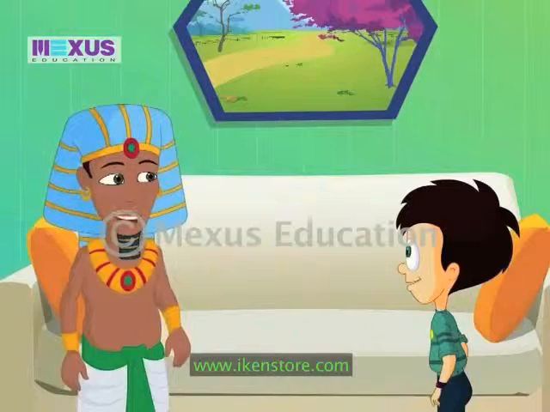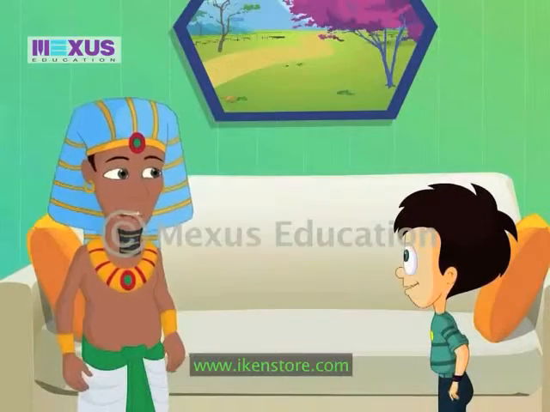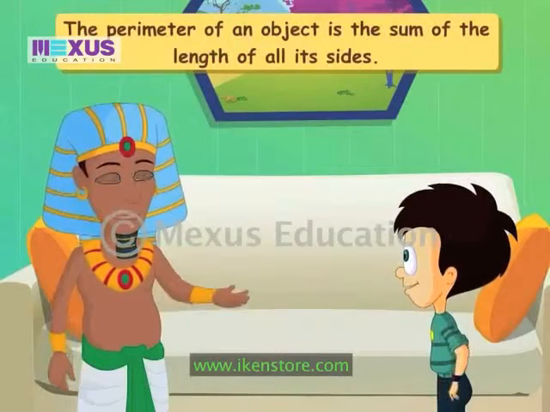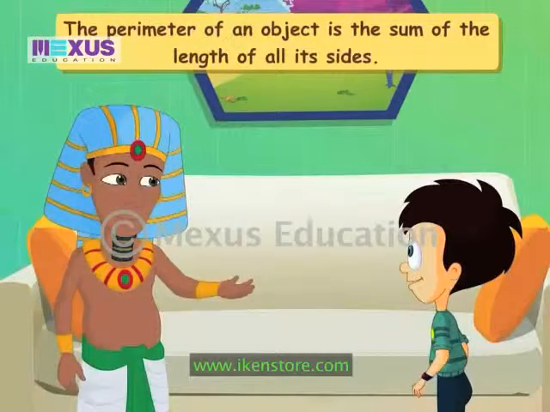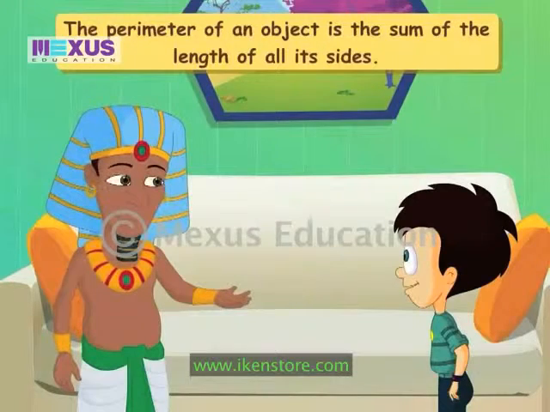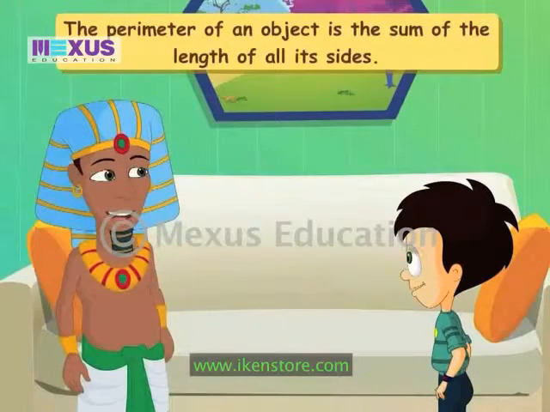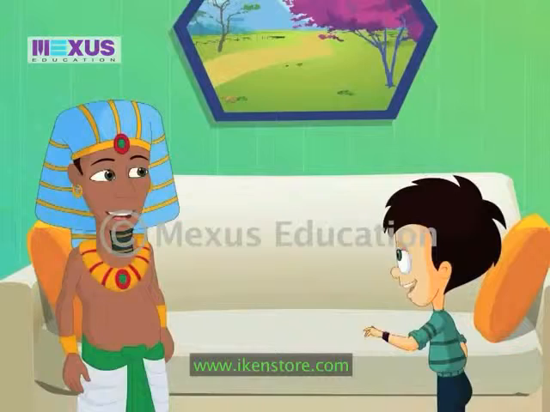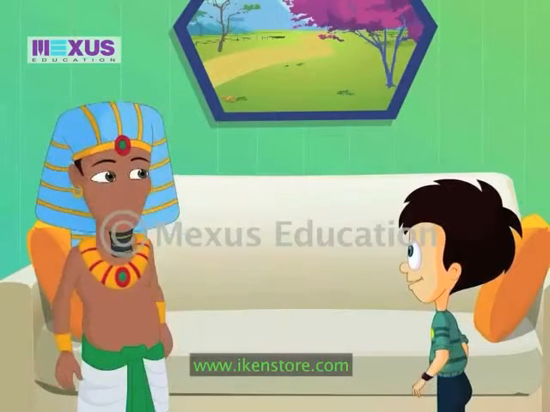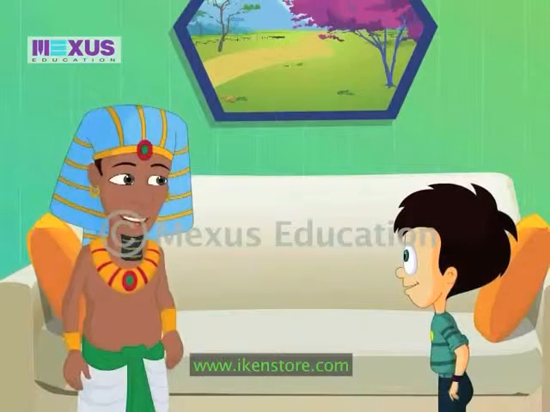The perimeter of an object is the total distance around it. This means that the perimeter of an object is the sum of the length of all its sides. Easy, isn't it? Yes, it does sound simple, Horace. Let's go find out how to measure the perimeter of various shapes.